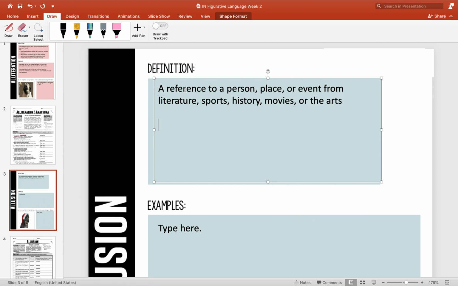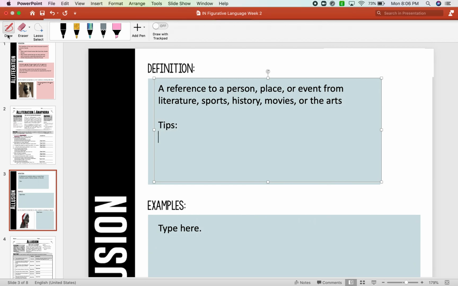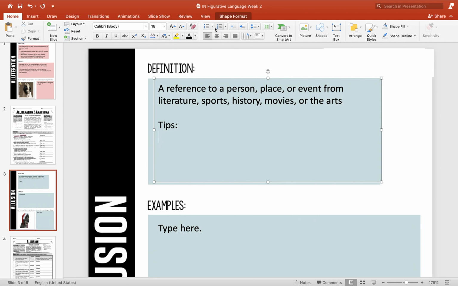And then some tips to help you identify them. So the first one is it helps the author to explain or describe and the reader to visualize or imagine.